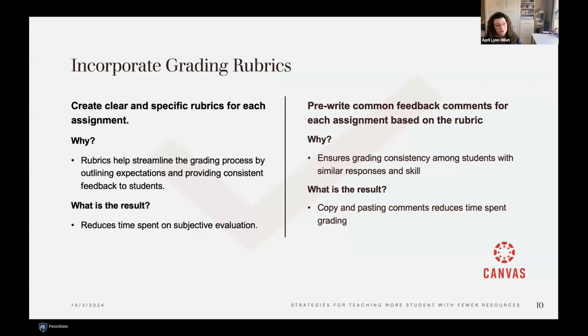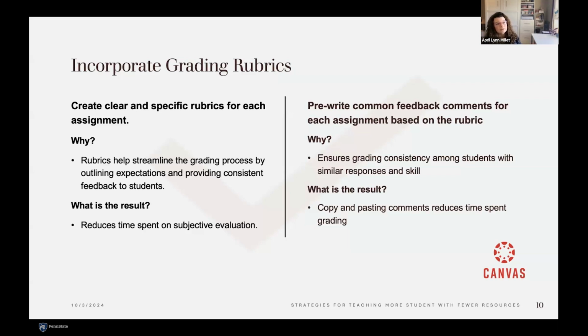feedback for each student, which leads me to the next idea, which is pre-write common feedback comments for each assignment based on the rubric. So anybody that's graded anything knows that you give the same feedback a lot for particular things.